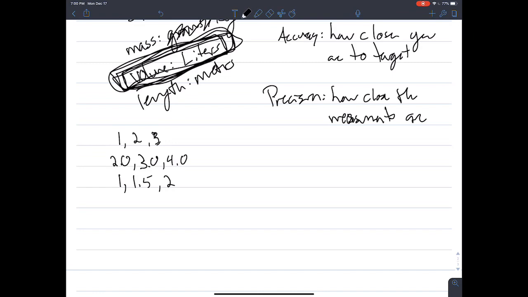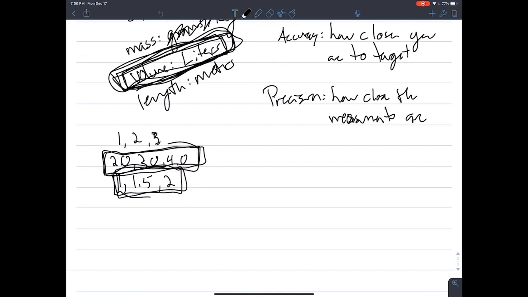And I said, what is the most precise of these 3 number sets? You might be tempted to think it's this one, because this has more significant figures. But that's not what makes it precise. The most precise is this one right here, because you have numbers that are closest together. They're only differing by a half.